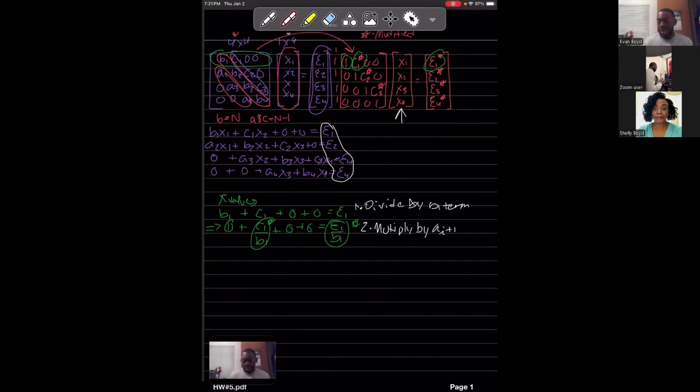So basically we're multiplying by the next row of A. For the next case, it'll be A2. In this case it would be AN. We're basically multiplying by the next series of A.